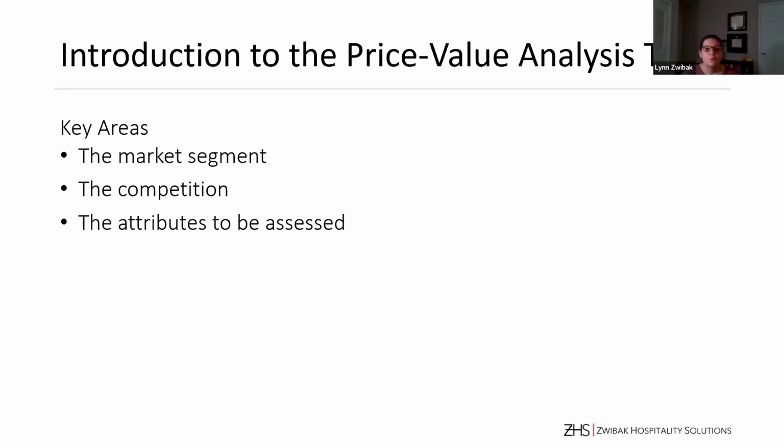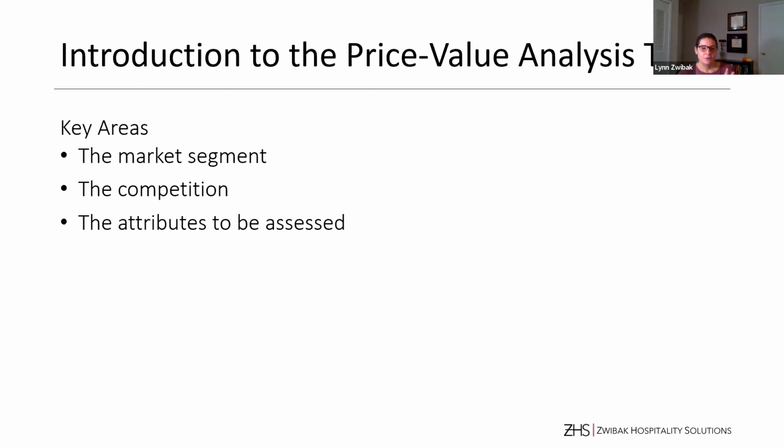Yeah, so the first thing to fill out is the market segment, because we want to be really clear that we're performing this analysis only for one market segment, only for one price point, because we want to really hone in on those customers and how much they value our product.